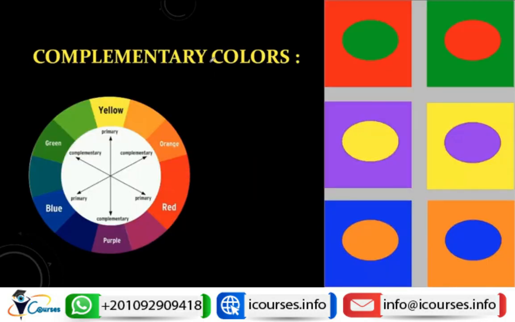There is another group of colors called complementary colors. Complementary colors are colors that are totally antagonizing. So the yellow and purple are complementary colors. The red and the green are complementary colors. The orange and the blue are complementary colors. What do we mean by antagonizing? This means that they are totally different in the spectrum.